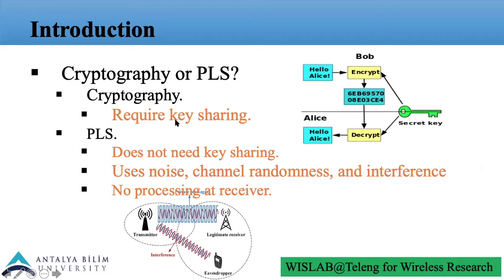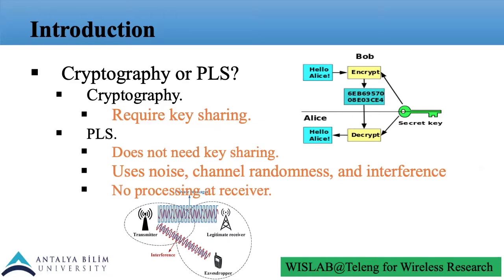Physical layer security, on the other hand, does not need key sharing. It utilizes the noise, the channel randomness and interference to protect the data of the user. Another big advantage is that it does not require any processing at the receiver. Why is this a big advantage?